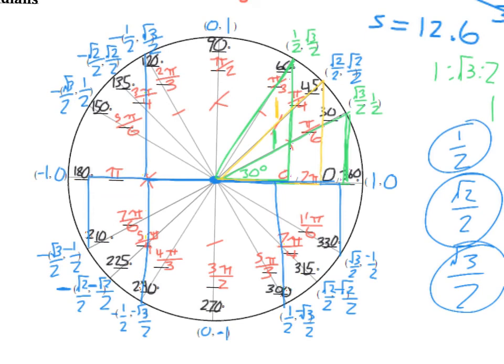Sine of 150 is the y-coordinate, 1/2. If you want tangent, you take sine and you divide by cosine. So tangent is y divided by x. So tangent of 45 degrees would be 1, because rad 2 over 2 divided by rad 2 over 2 is 1. Tangent of 315 degrees would be negative 1.